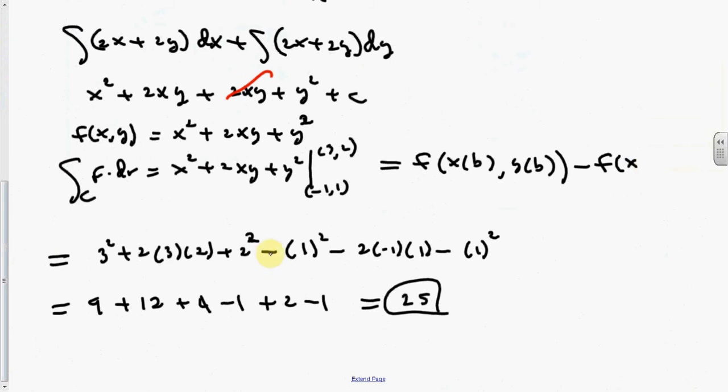It's negative times brackets, but I just put the negative through there. But the 1 squared should not be a negative 1 squared. Yeah, negative 1 squared. Thank you.